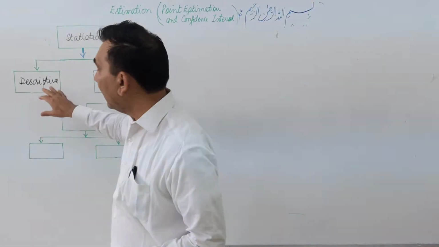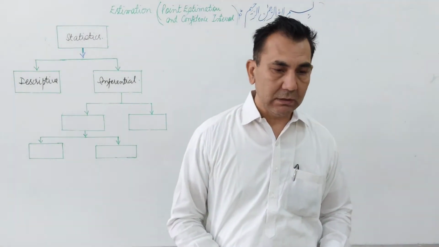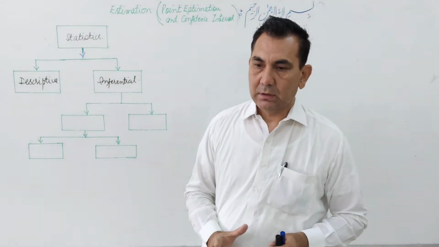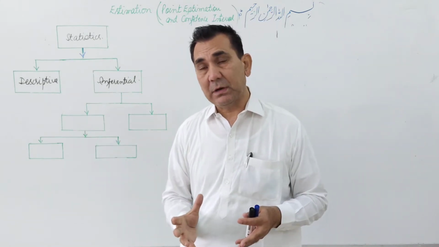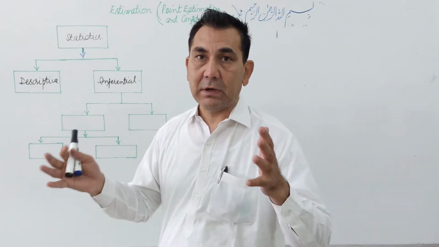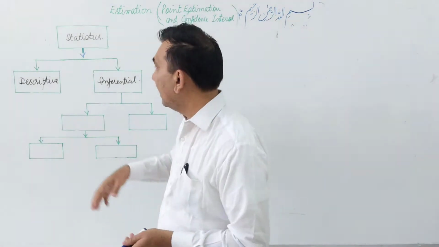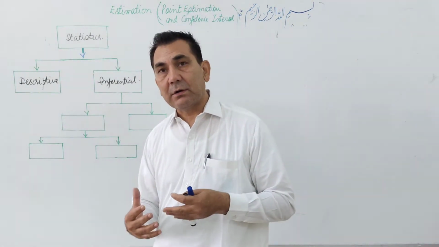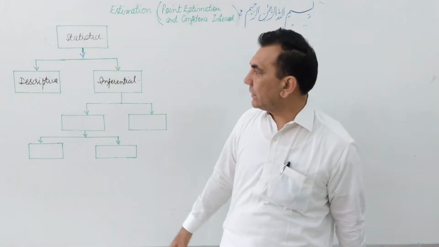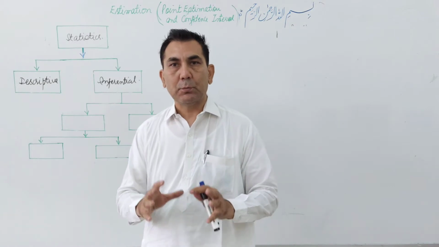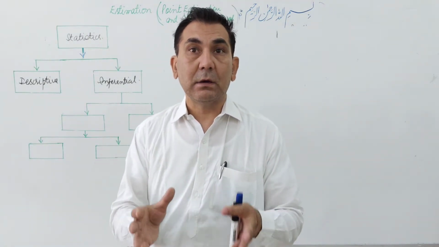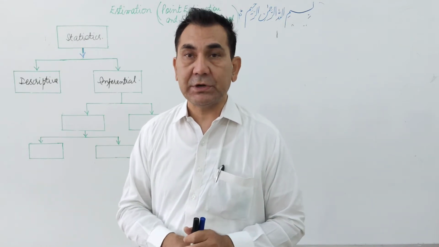In descriptive statistics we measure the characteristic. We collect the information, the data, and after that we arrange and organize the data. After arranging and organizing the data, we summarize it and give the meaningful result in the form of numbers, proportion, percentage.